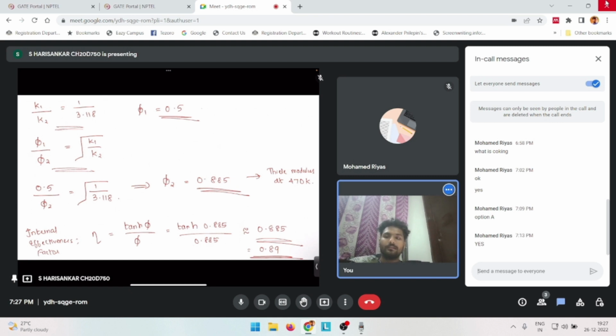And using this Thiele modulus value, we can find the internal effectiveness factor eta by using the formula eta is equal to tan h phi by phi, and tan h 0.885 by 0.885 will be approximately 0.885. And after rounding off to two decimal places, this will be approximately 0.89. So that is the internal effectiveness factor for this scenario.